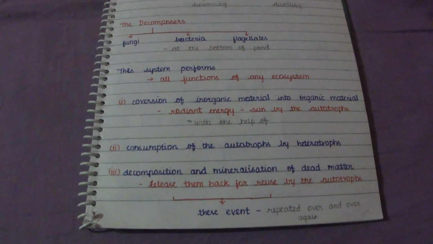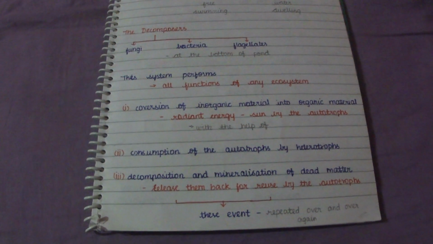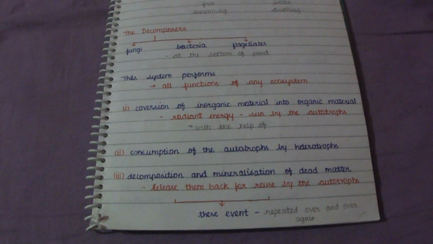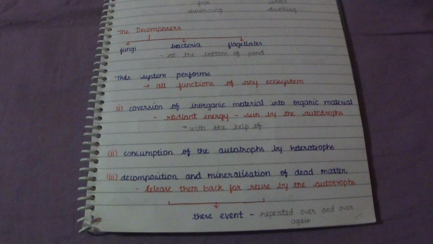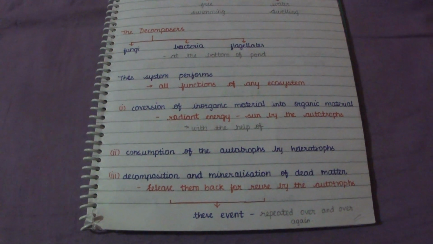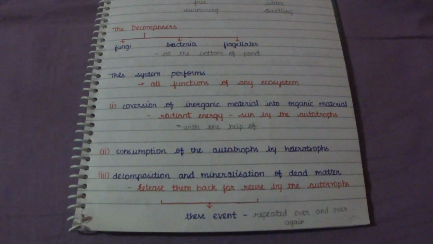These events repeat again and again. When these events repeat, there is a unidirectional movement of energy towards the higher trophic levels, and its dissipation and loss as heat to the environment.